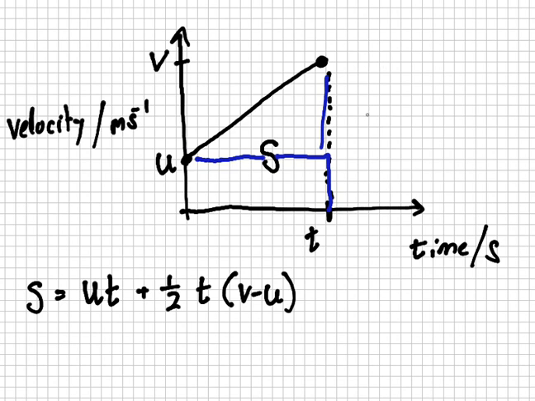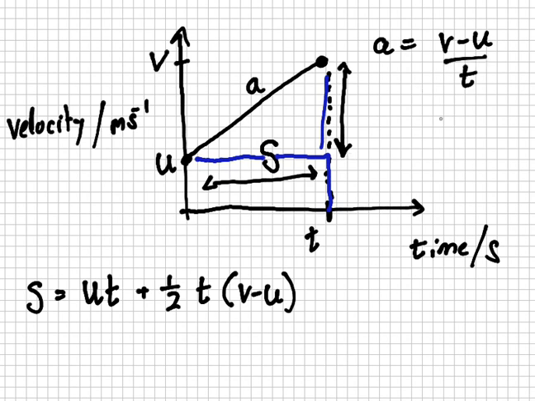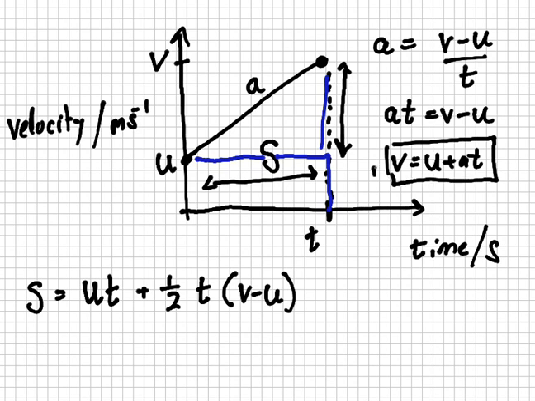Okay, the second use of the graph is we know the acceleration is the slope. What's this height here? V minus U. And then what's this base here? T. I can say here AT equals V minus U, or if you want I could say V equals U plus AT. That's actually one of our formulas. This is our first formula.